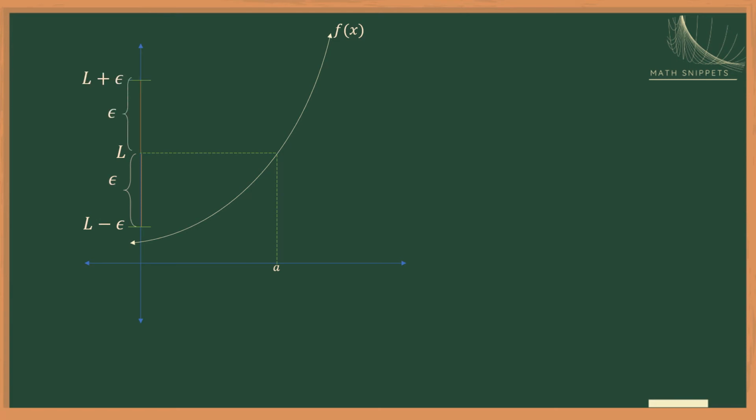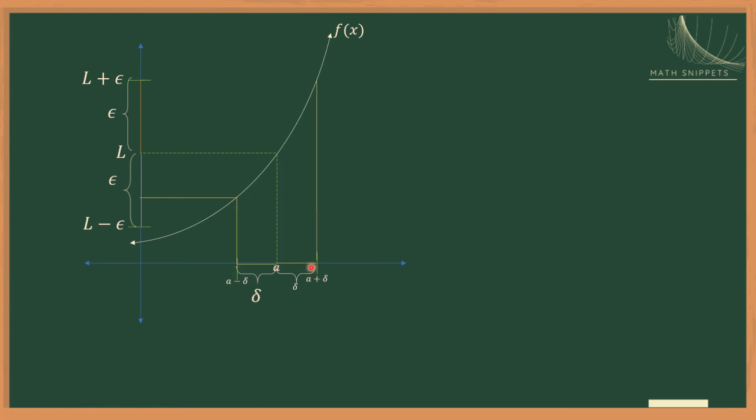This is our interval. Then, if for every epsilon we are able to find a delta, this is the delta that I was able to find, and this forms the interval a minus delta to a plus delta.